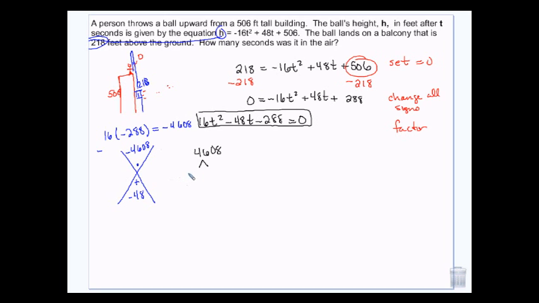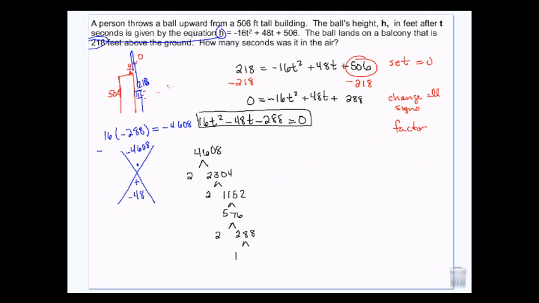Okay, so it ends in 8, so I'm going to start with a 2, which ends in 4, so I'm going to keep going by 2. And then I'm going to get 576.